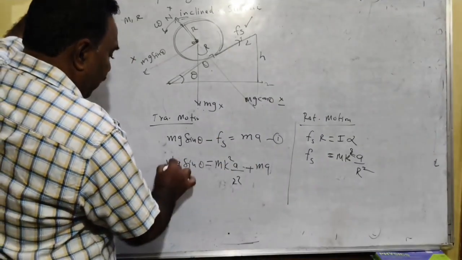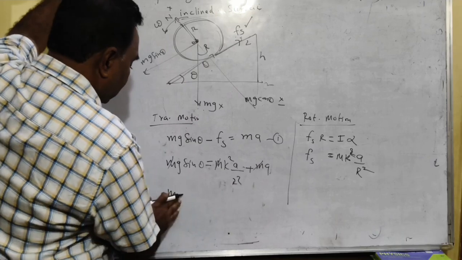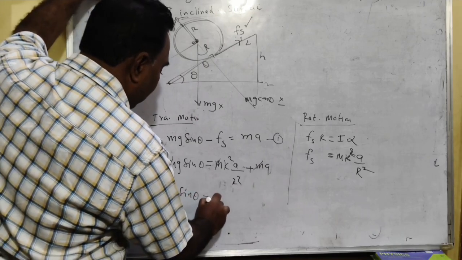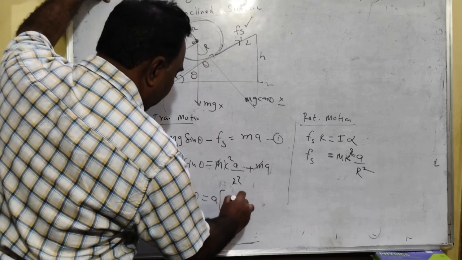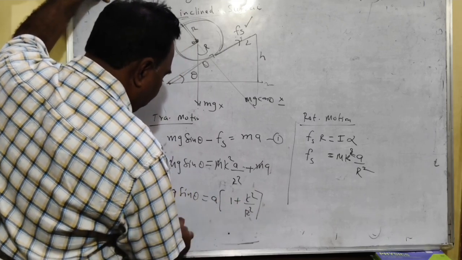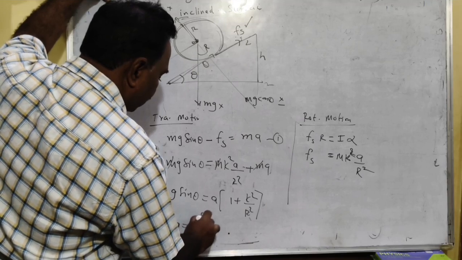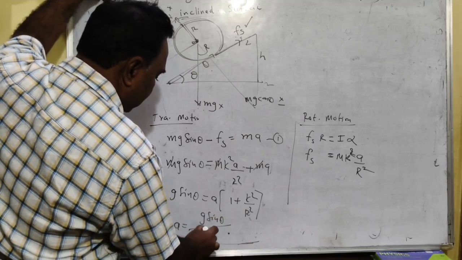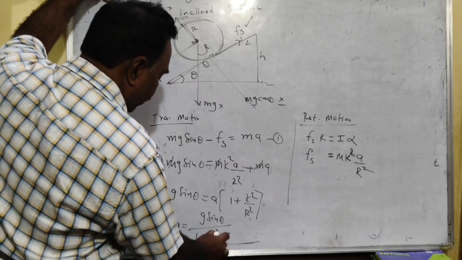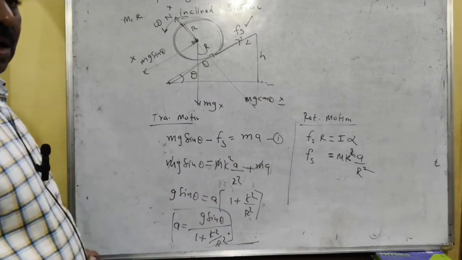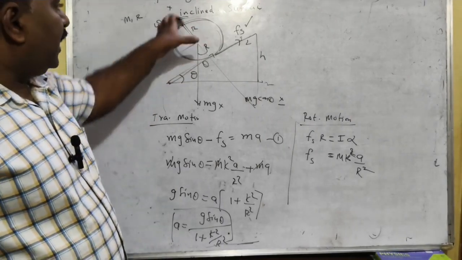Therefore m cancels, g sin theta is equal to a, taking a common, 1 plus k square by r square. From this we find a is equal to g sin theta by 1 plus k square by r square. This is the acceleration of a rolling body down the inclined plane.